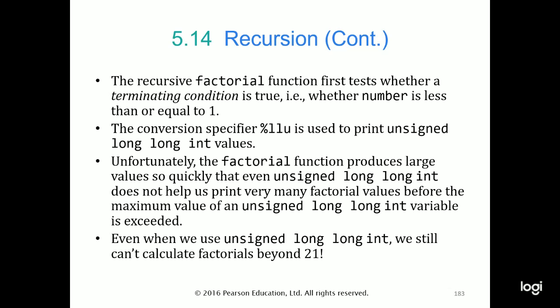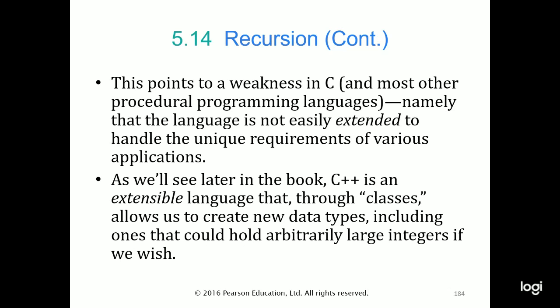This slide basically just contains information that I have described before. It talks about the format specifiers. If you're talking about unsigned long integers, this is the format specifier that you have to use. And yes, we are going to run out of capacity even when using unsigned long integers.